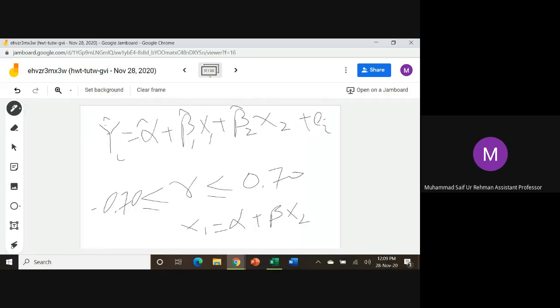In the issue of multicollinearity, you can say that this is the rule that we have set, that if our correlation coefficient is in between these two values, or even if it is 0.7 inclusive, minus 0.7 is also there, and all values in between these two values.